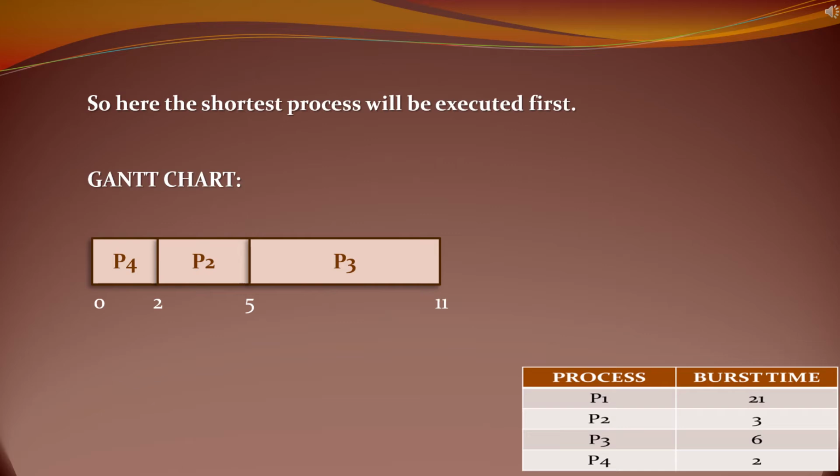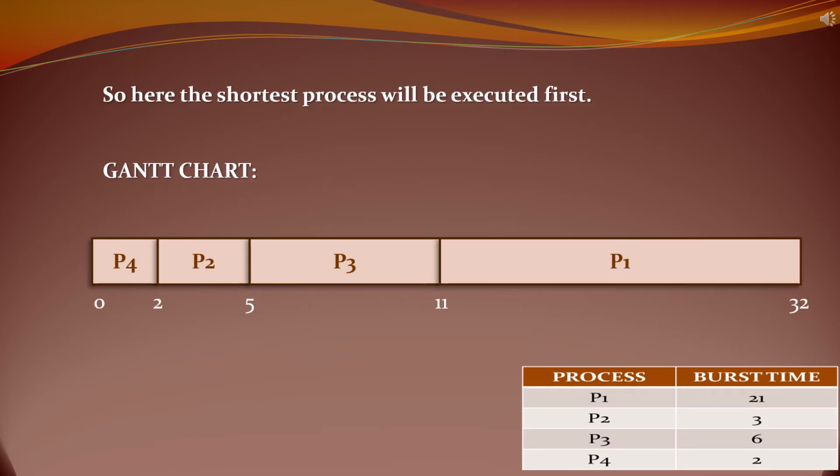After the two processes, P4 and P2, the lesser burst time is of the process P3. So the Gantt chart shows that the completion time of the process P3 is 11 because 5 plus 6, where 6 is the burst time of P3, equals 11.